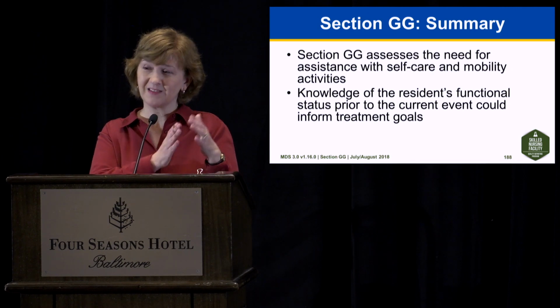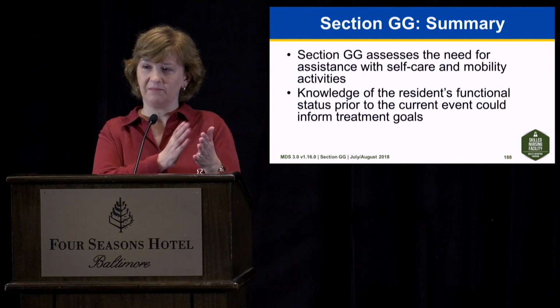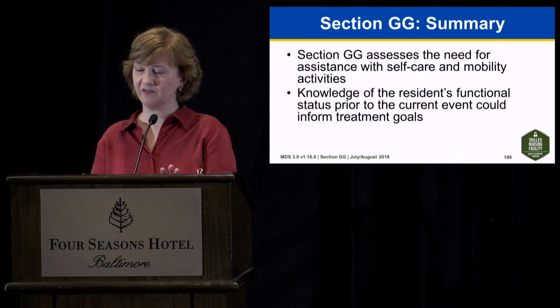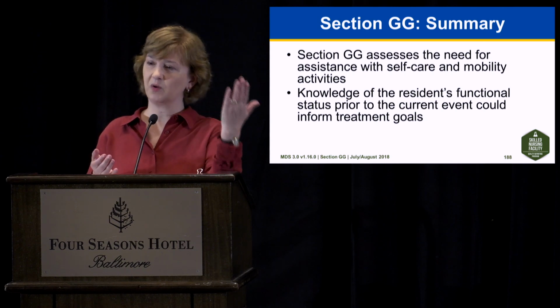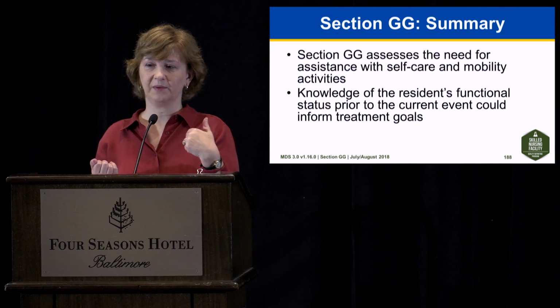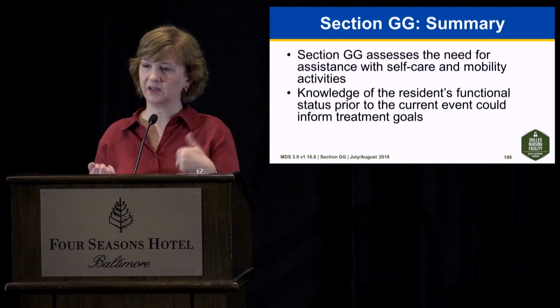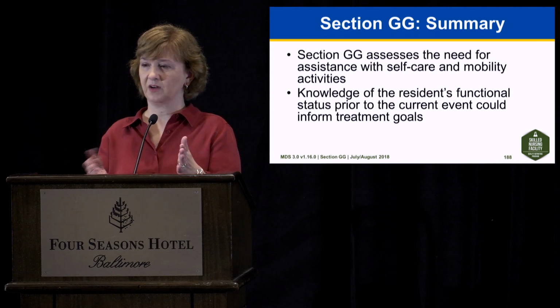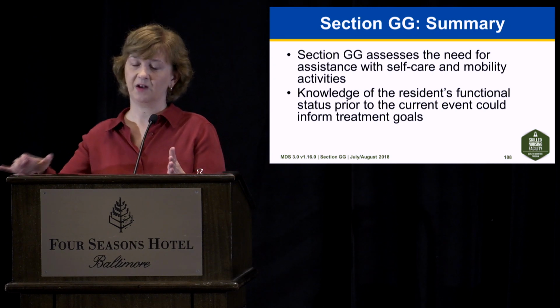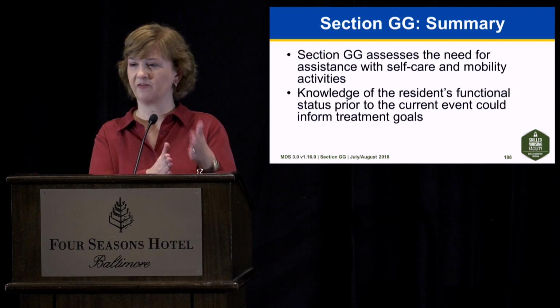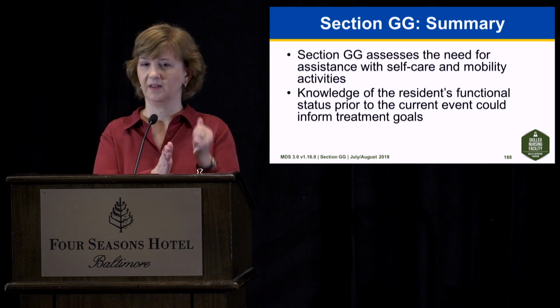In most instances, people would be admitted to an acute care hospital and then perhaps come to the skilled nursing facility immediately, and so it would be immediately before that acute care stay. So, for example, somebody who is living in the community experiences a stroke, and so the person is admitted to acute care, and let's say then your skilled nursing facility, and so the prior functioning would relate to right before the person's stroke.